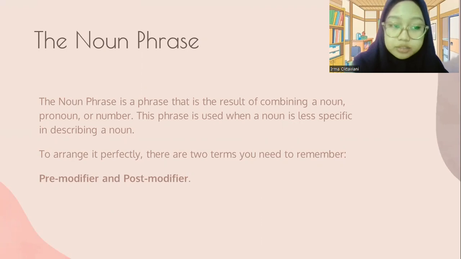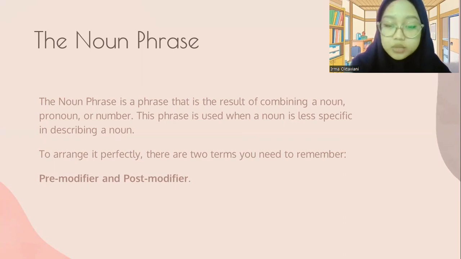If the noun is a singular noun, the noun phrase is a new word or phrase which is a combination of several words to explain the noun. In KBBI, a phrase is defined as a combination of two or more words that are noun predicates, while nouns are nouns.